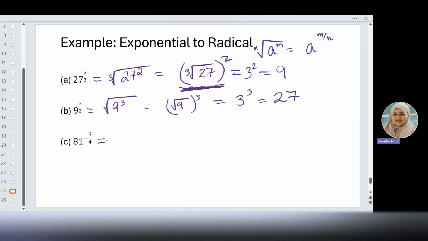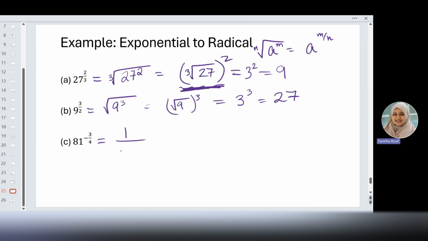Okay, here we have a negative attached to our radical. So how does this attach to the fractional exponent? What you have to do to apply the radical is first make this exponent positive.